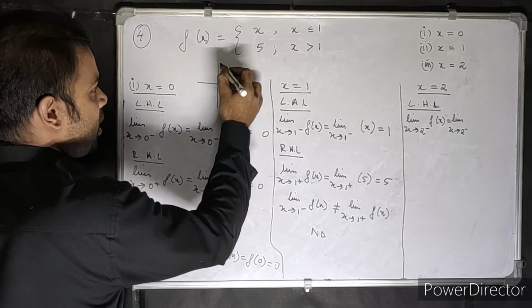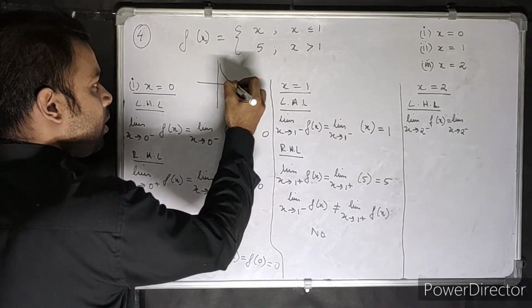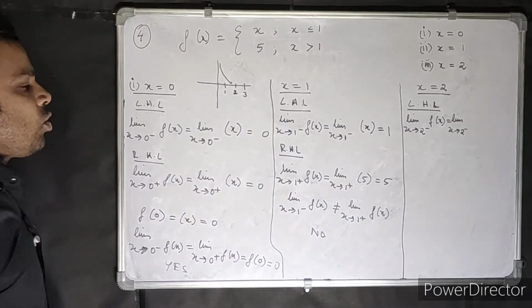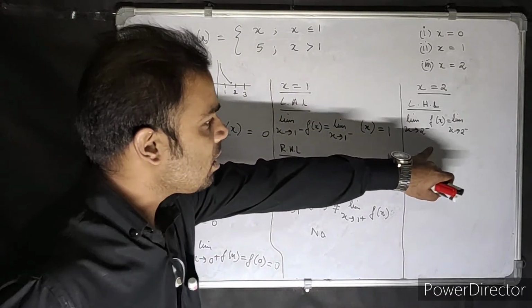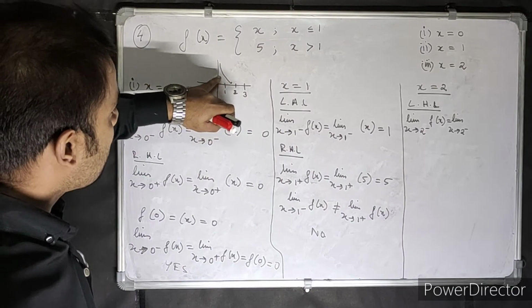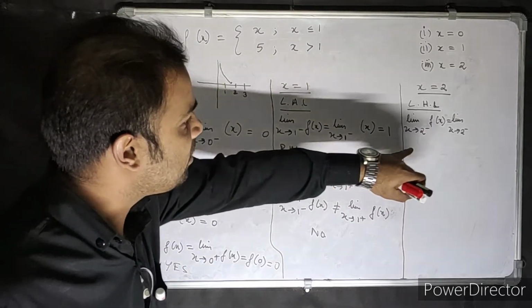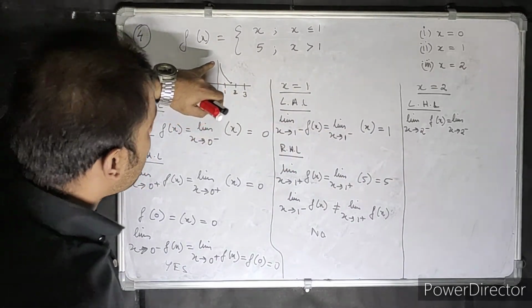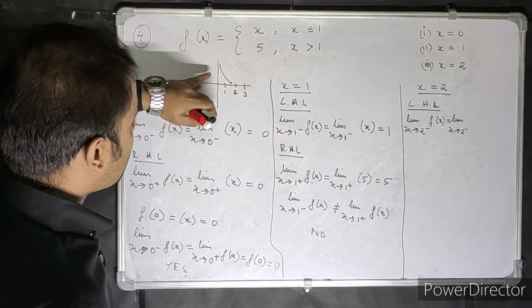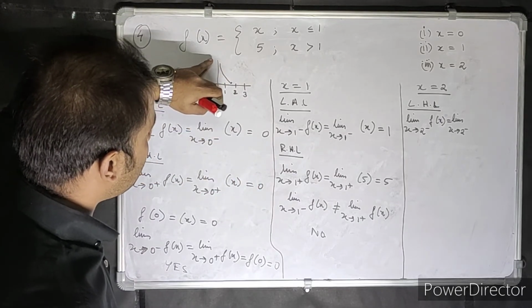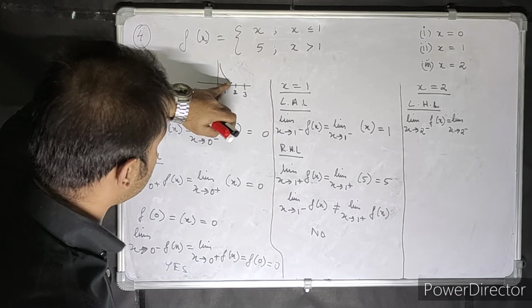The graph is approaching like this towards the point 2. So somewhere over here we are checking approaching from the negative direction.